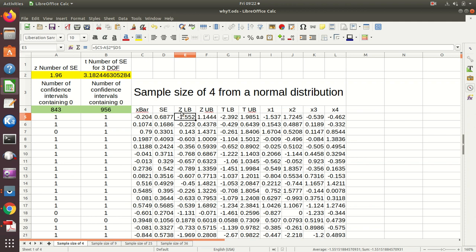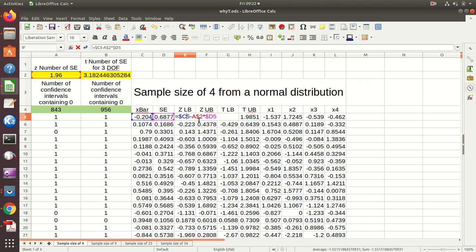So here's x bar, here's standard error, and what I did was I generated a lower bound. So this is my z lower bound, where z is the standard normal distribution. So I assumed a 95% confidence interval with a normal distribution, and notice this C, A2, it is looking over here at this 1.96.